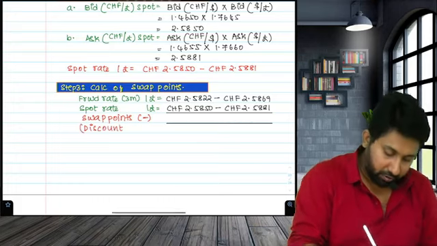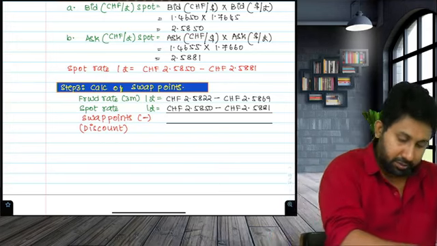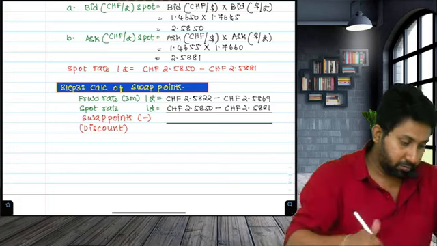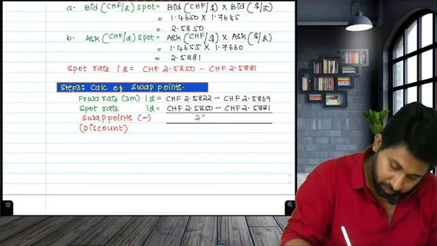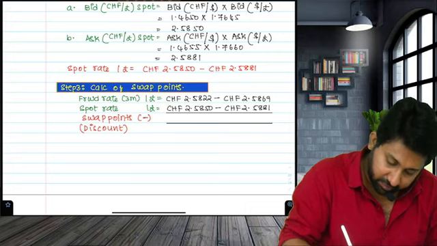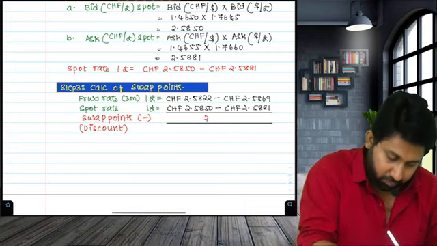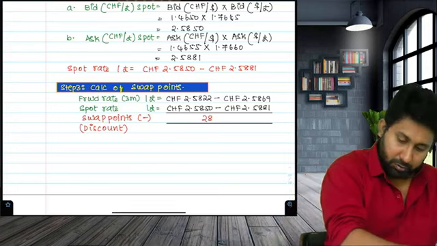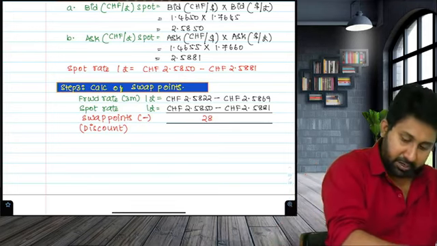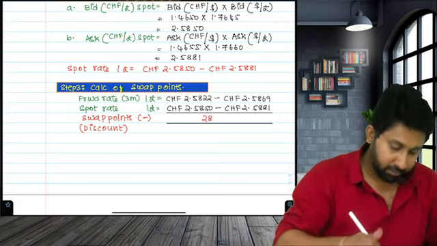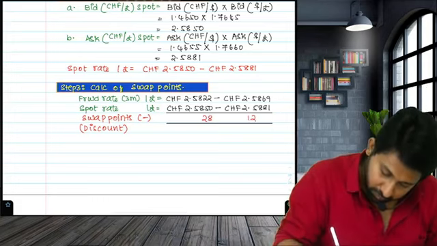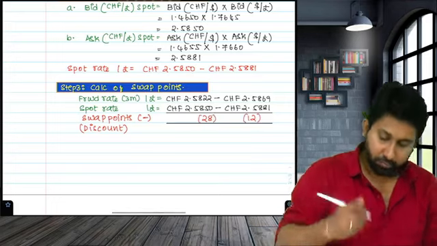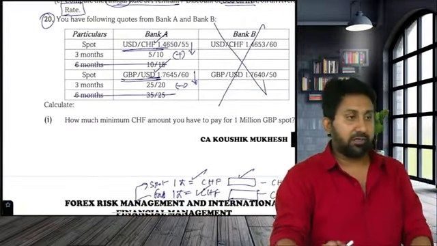Let us see how much it is. 2.5822 minus 2.5850, 28 points here. Next, 2.5869 minus 2.5881, 12 points here. That's all. This is the answer for the given question.